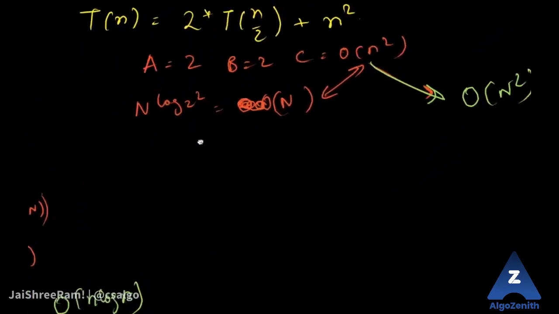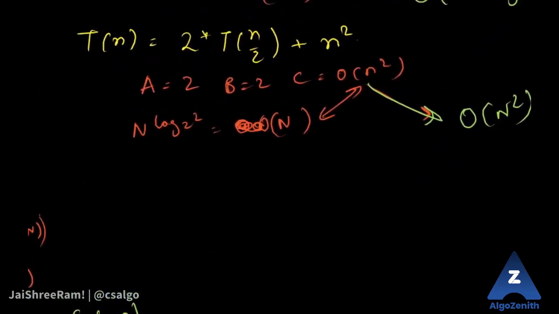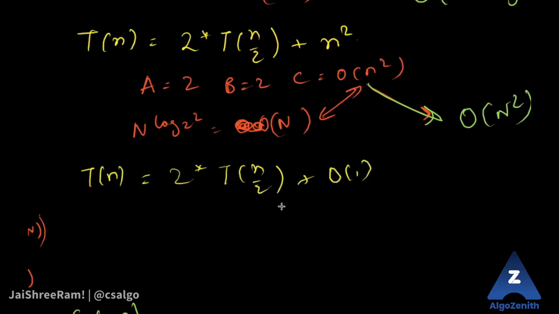The same example with some difference. T of n equal to 2 times T of n by 2 plus order 1.